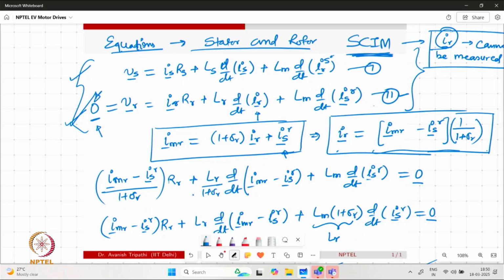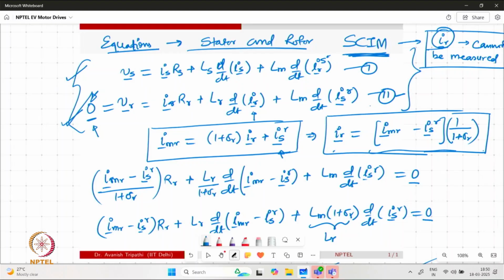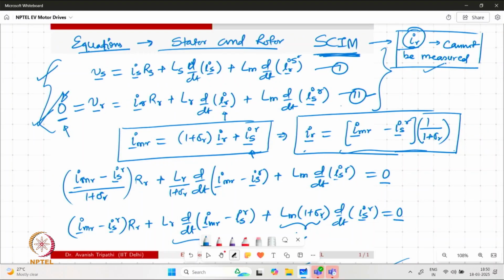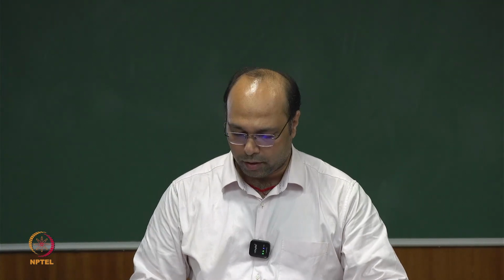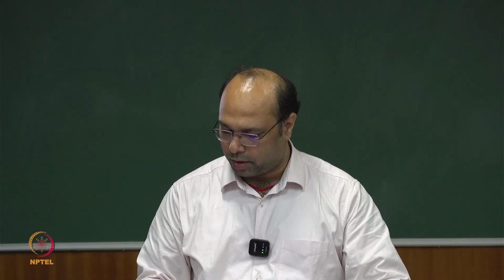There is another condition, that IR cannot be measured, because many times it's a closed circuit and we do not want to introduce any extra element for measurement, and rotor bars are associated over there.